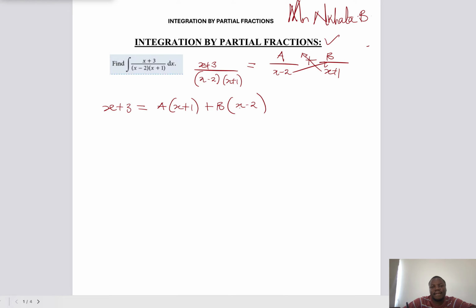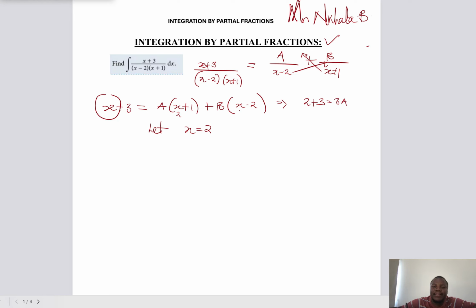Here I've got x minus 2. I want to make B disappear, or eliminate B in mathematical terms. So I have to say let x be equal to 2. When x is equal to 2, this equation is going to become 2 plus 3, because where there's x I'm going to put 2, equals 2 plus 1, which is 3, times A, equal to 3A.